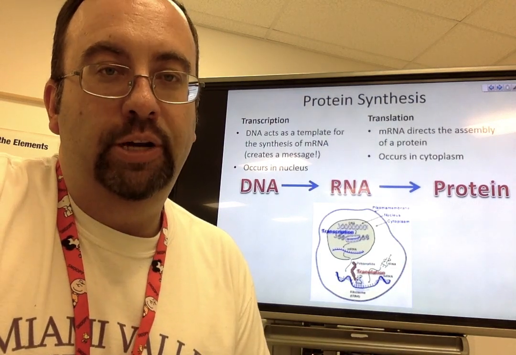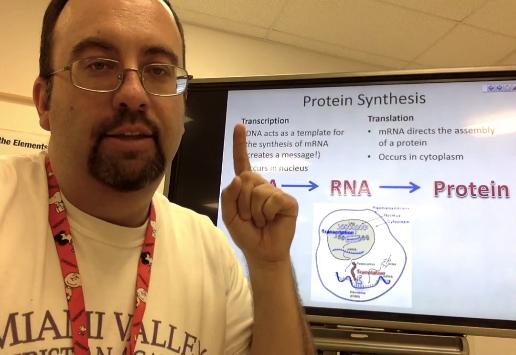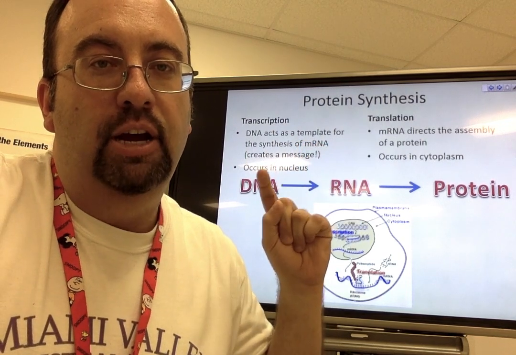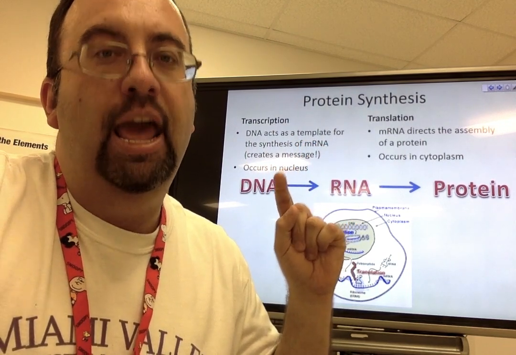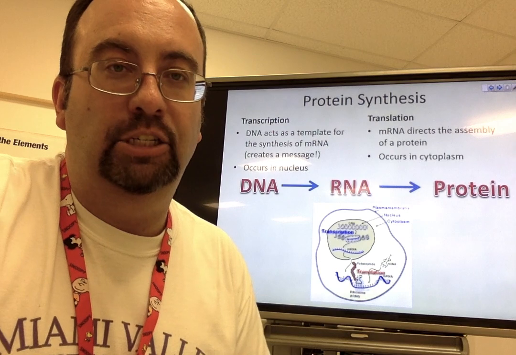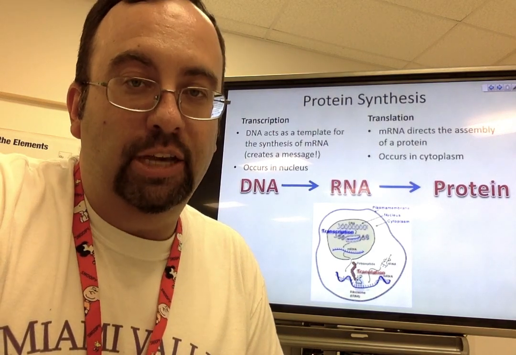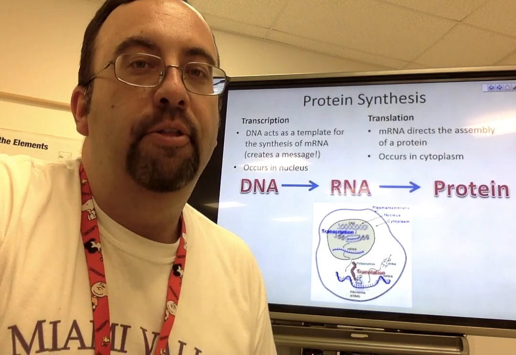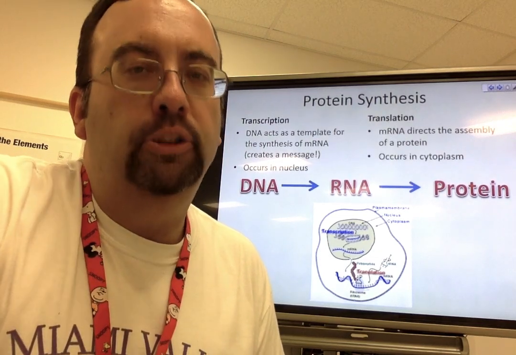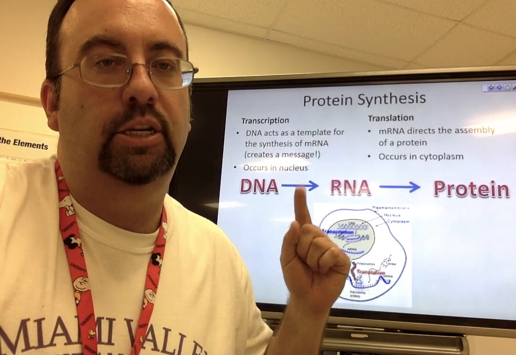And so notice that for transcription, the DNA acts as a template for the synthesis of mRNA, and therefore it creates a message. Because we know the DNA is within the nucleus of a cell, therefore the process of transcription also has to be within the nucleus.